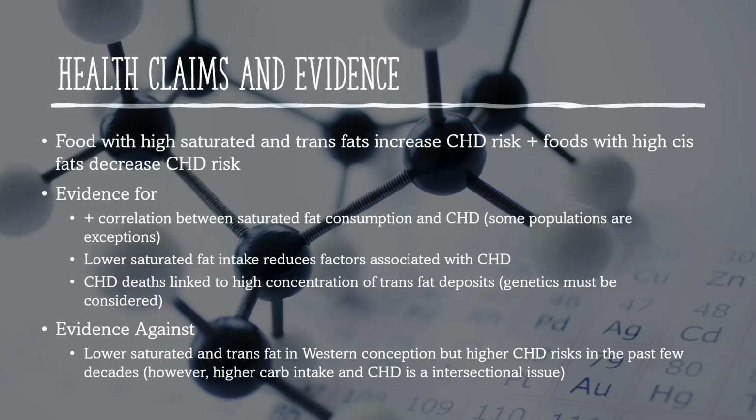You have these buildups of fats, cholesterols, and other things in the artery walls, and that clogs the arteries. That's how heart attacks happen, because you have this buildup of plaque on the artery wall, and that restricts blood flow.